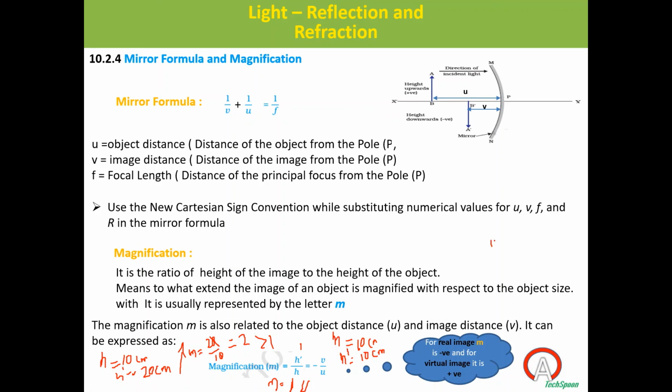Suppose, third case, h is equal to 10 centimeter, that is the object. Image height h dash is 5 centimeter. What will be the magnification, Anjana?